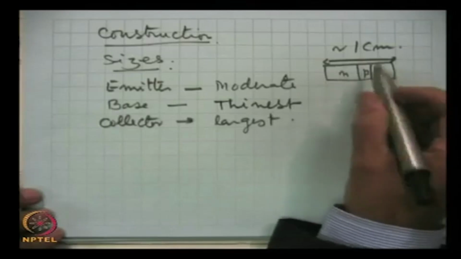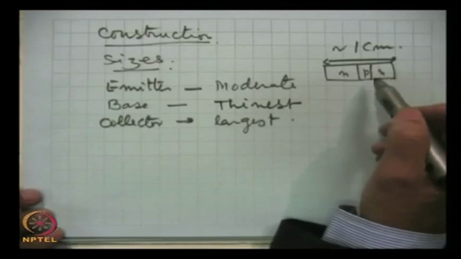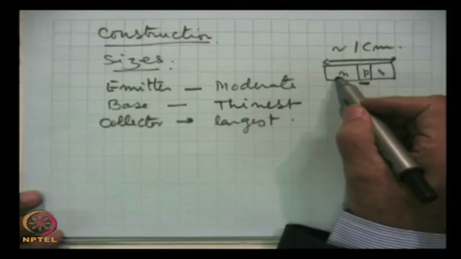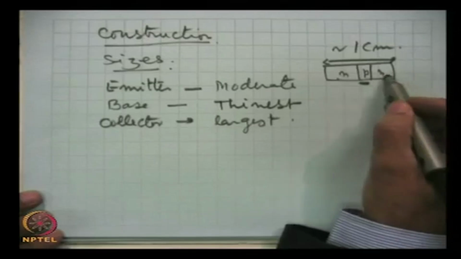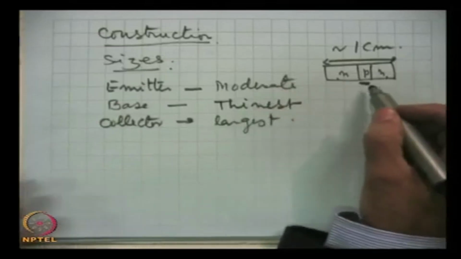Anyway, for us it is good enough that the size is around 1 centimeter. Now, base is thinnest, emitter is moderate and the collector is largest. Why are these sizes like that? That will become clear as we proceed to understand the working of the transistor. Now, let us talk about the doping levels in the 3 regions.